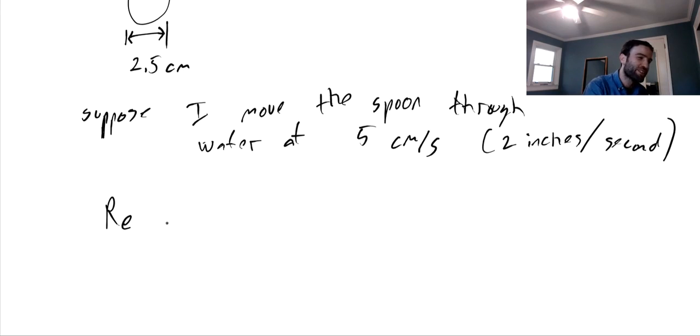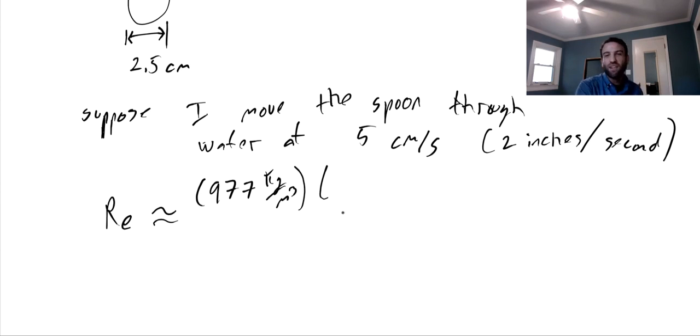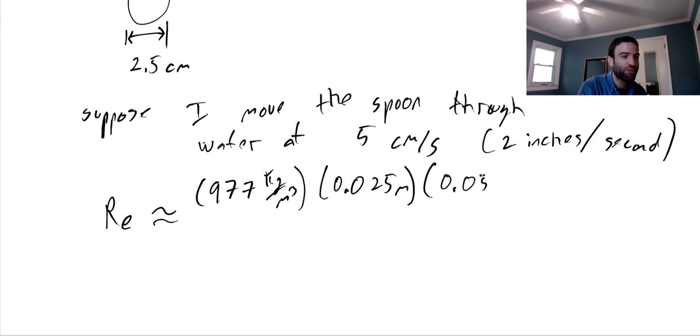The Reynolds number will be about, the density of water. We can say it's maybe about 977 kilograms per meter cubed. The characteristic length here, 2.5 centimeters, I can write as 0.025 meters. If I'm moving it at 5 centimeters per second, I can say that's 0.05 meters per second, just so that all of my units are agreeing here.